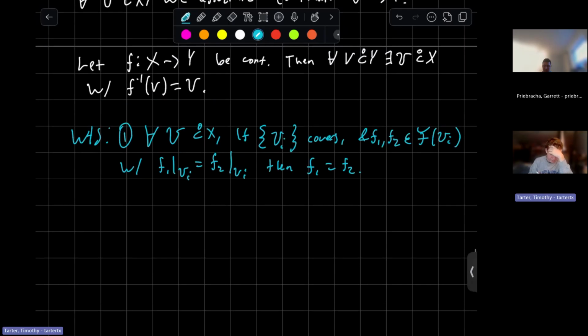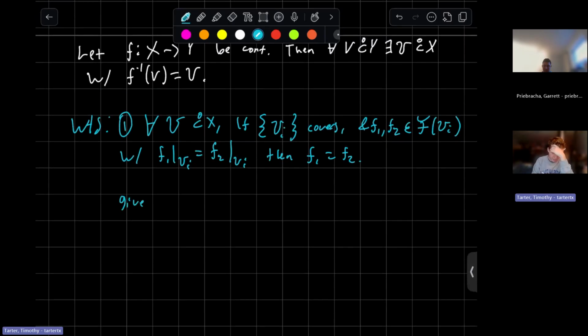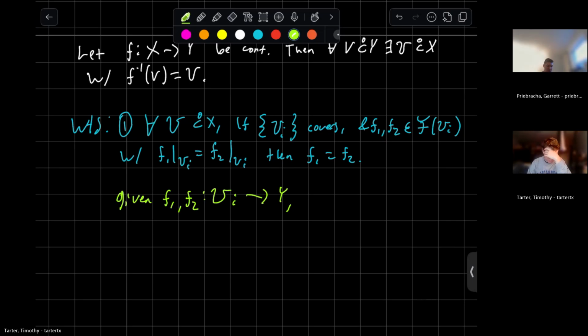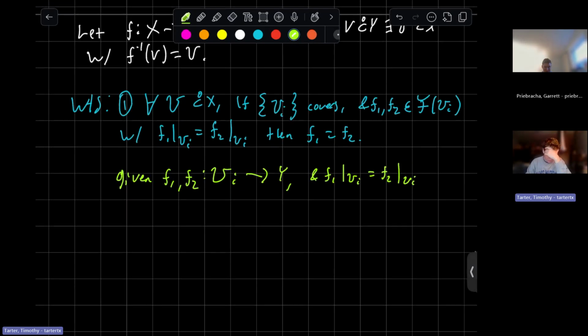So we're given F1 and F2. So given, let me switch to green. So given F1, F2 from UI to Y, then F1 restricted to UI is equal to F2 restricted to UI.